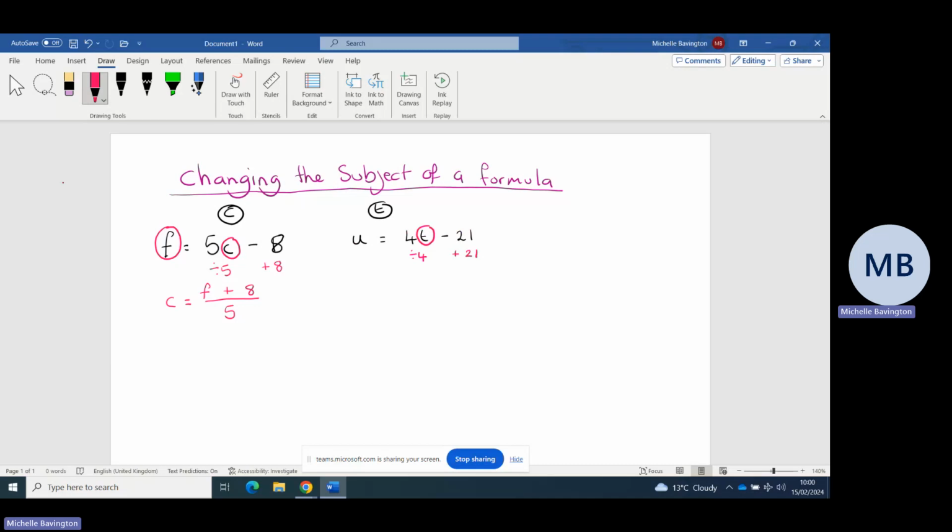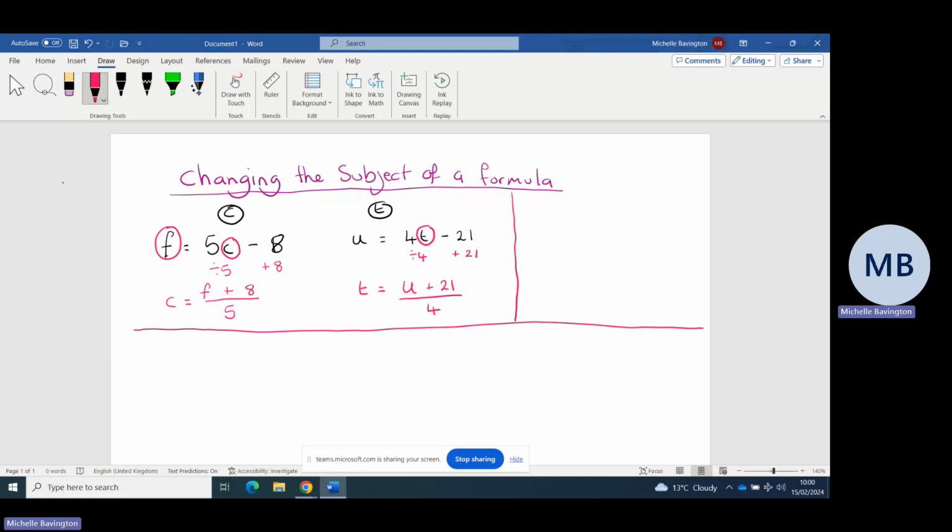Okay, so I'm going to start with t equals u plus the 21, because divide goes at the bottom. And that's it. That is actually it. Easy, easy.